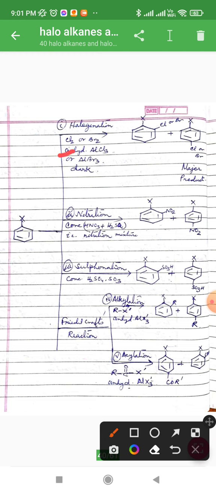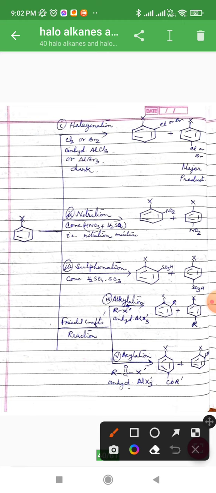The halogen could be either chlorine or bromine, and you definitely need a Lewis acid catalyst such as anhydrous AlCl3 if you take chlorine, or anhydrous AlBr3 if you take bromine, or you can take iron with chlorine, and you can replace it by bromine. But make sure that the reaction is carried out in the dark. That is why it is different from the free radical halogenation.